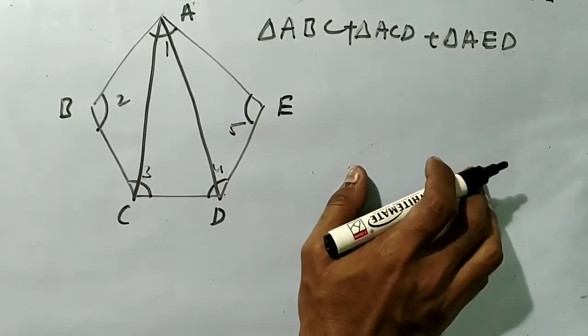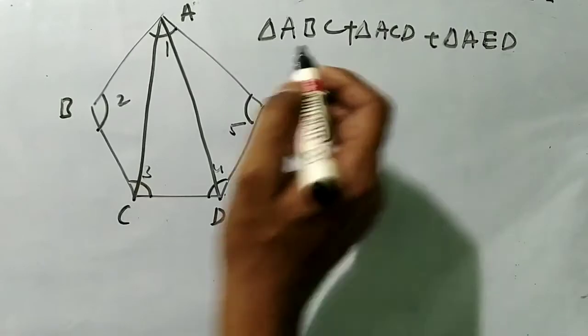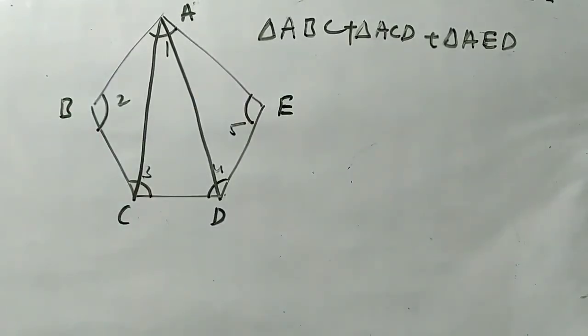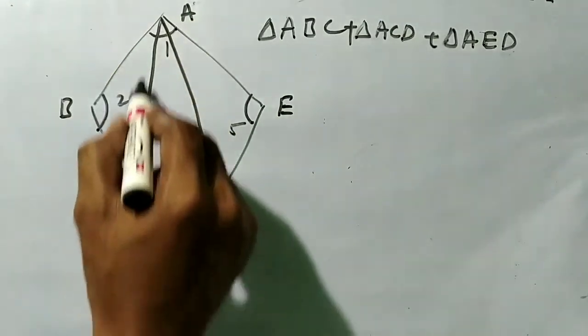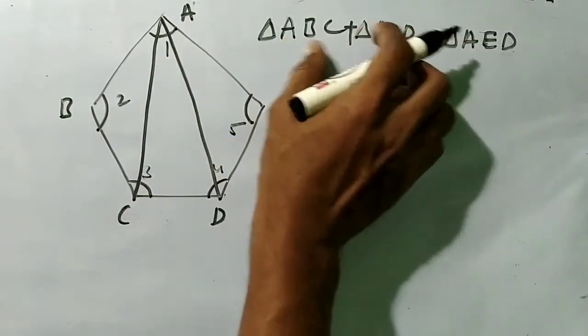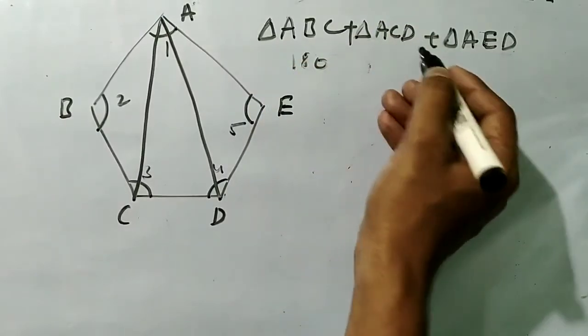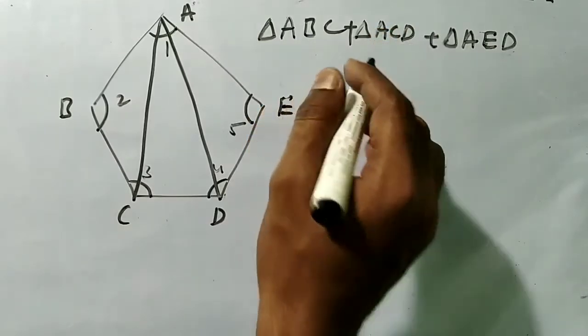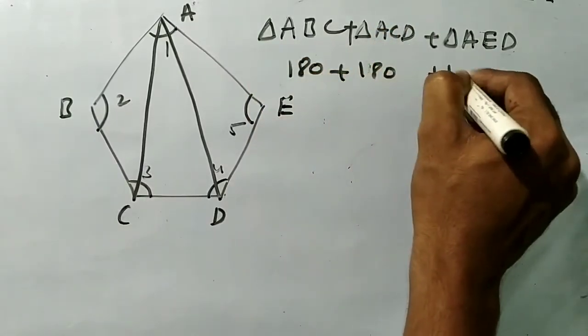We have to find the interior angles of a pentagon. We know already the sum of interior angles of a triangle is nothing but 180. So triangle ABC becomes 180, and triangle ACD also 180.